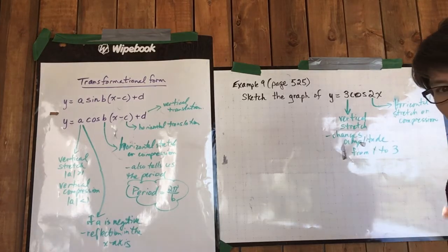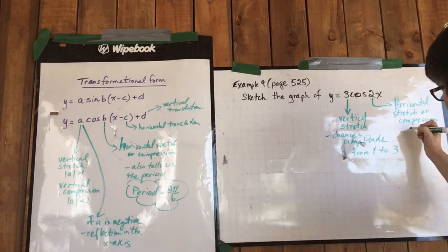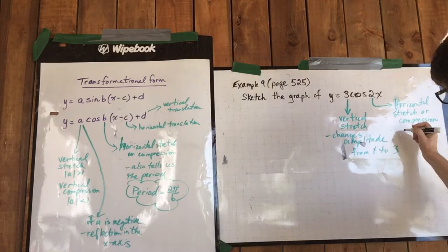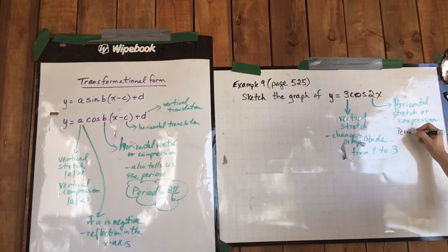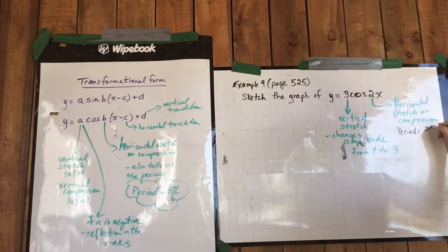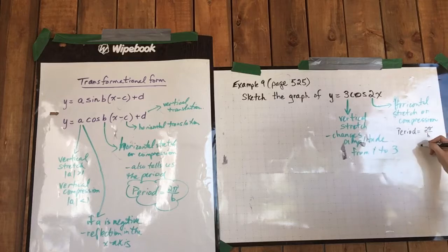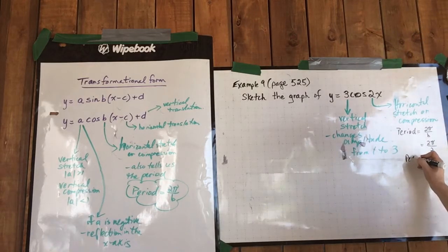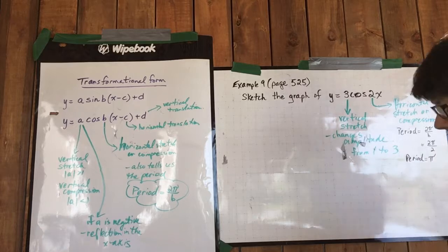Based on this equation, period equals 2 pi over b, which in this case is 2 pi over 2, which simplifies to pi. So the period is pi.